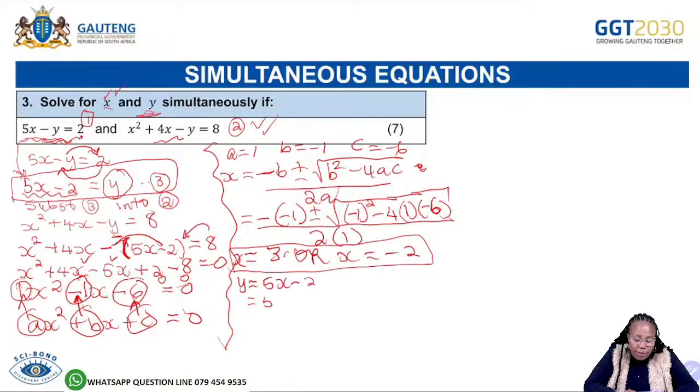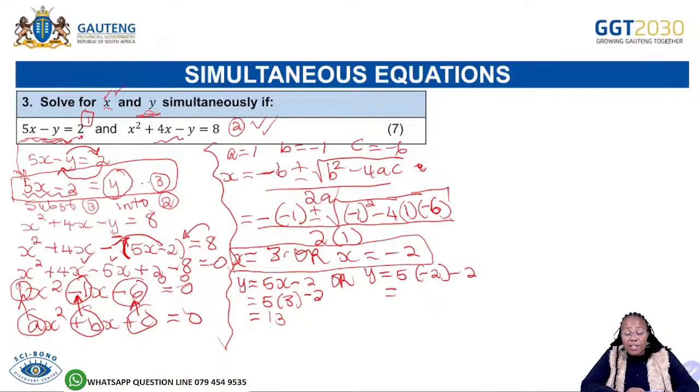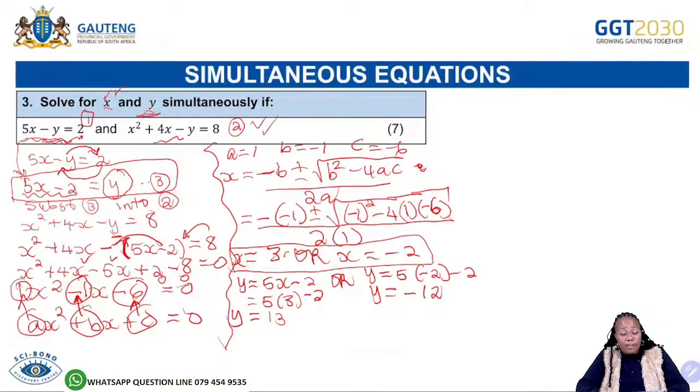So for the first x, we are substituting 3: 15 minus 2, which is 13. For the second x value, it is 5 times minus 2, minus 2. 5 times negative 2 is negative 10, minus 2, that is negative 12. So those are the y values for those particular x values.